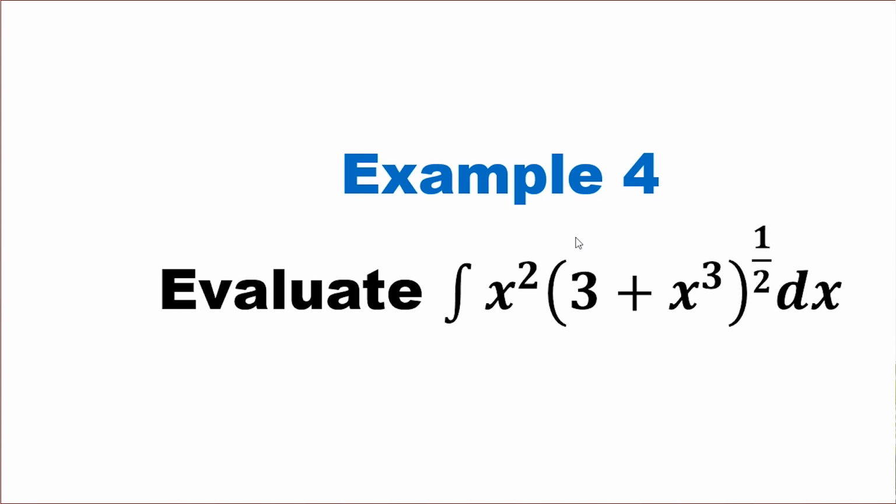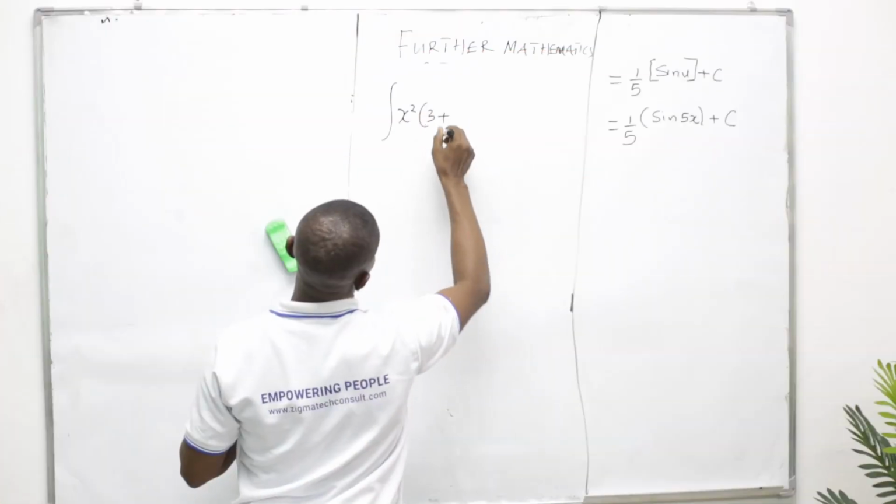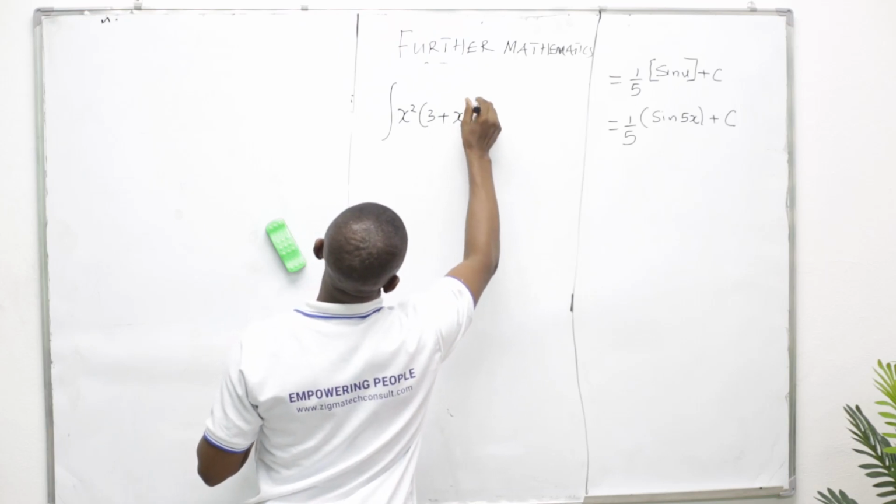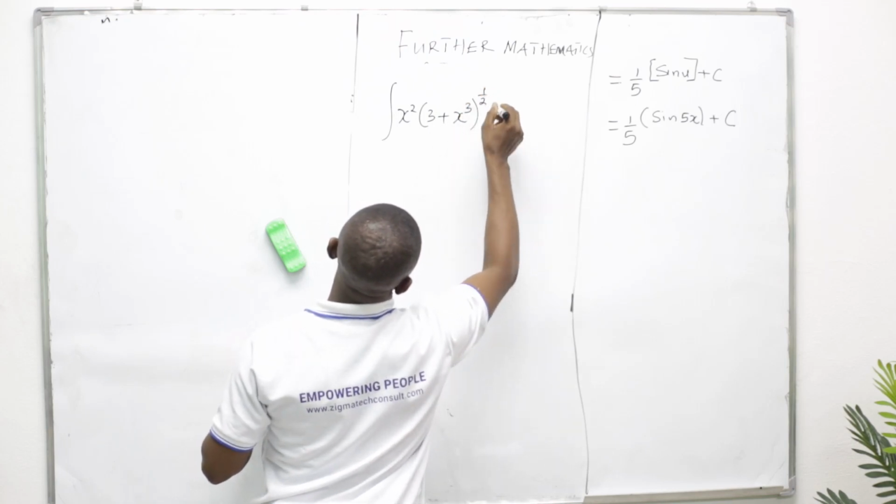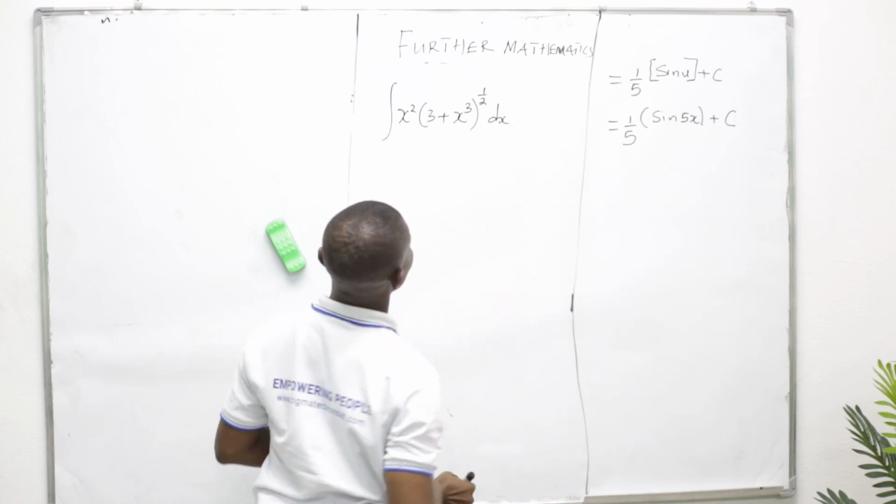Evaluate x squared, open bracket, 3 plus x cubed, close the bracket, all raised to power 1 over 2. The knowledge we have from what we have been doing so far is going to help in solving this problem. So I will have x squared into 3 plus x cubed raised to power 1 over 2 dx.